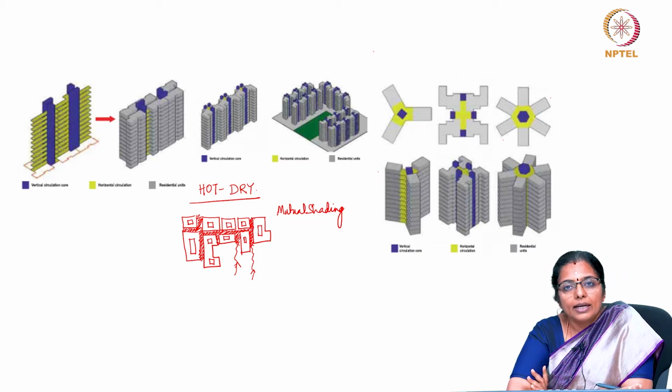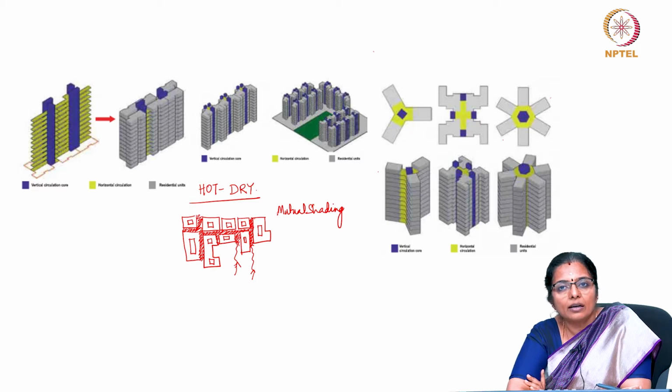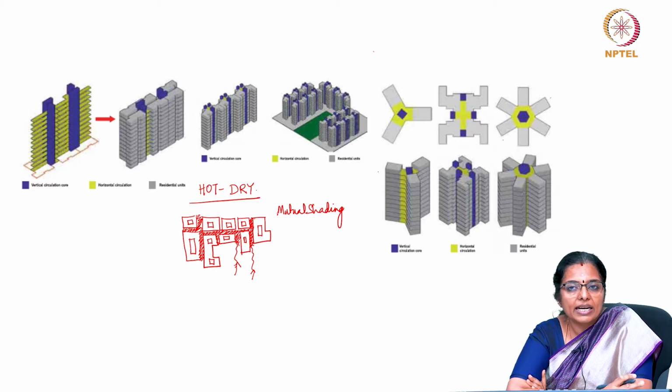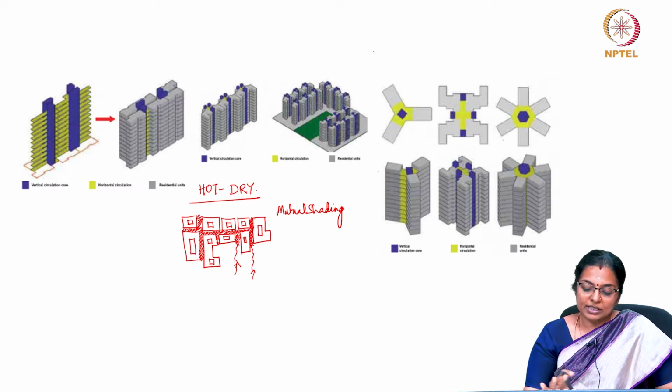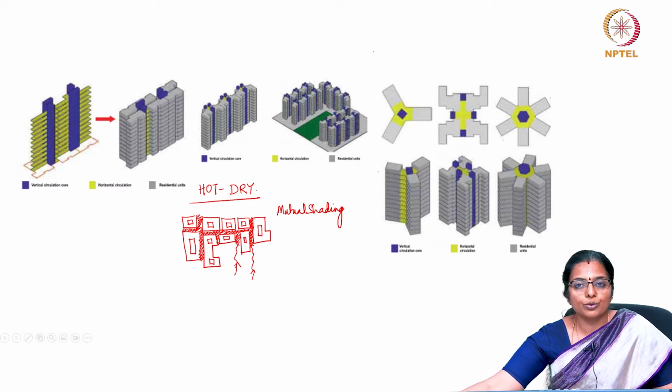With the help of courtyards you can have adequate lighting and ventilation, and you can protect the house from hot and dusty winds. So this is your approach to the hot and dry climate with respect to orientation and form.